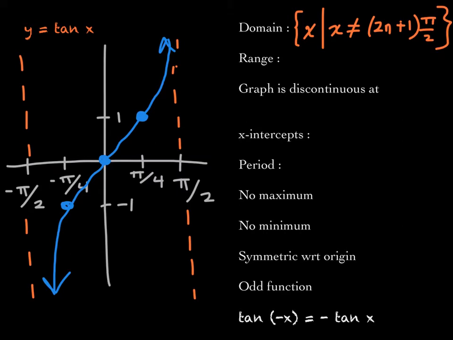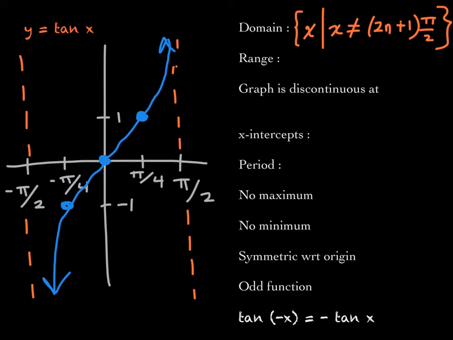Remember that n here represents any integer. This is how we say the input value must not be any odd multiple of pi over 2. At odd multiples of pi over 2, that's where you have vertical asymptotes.